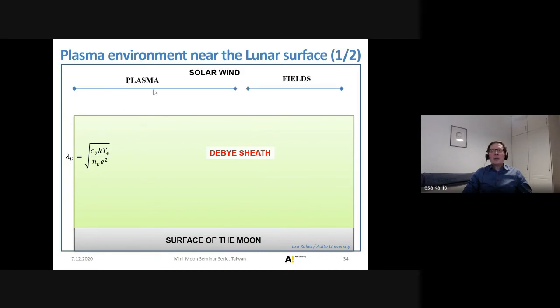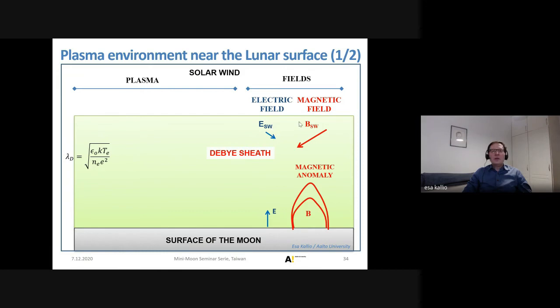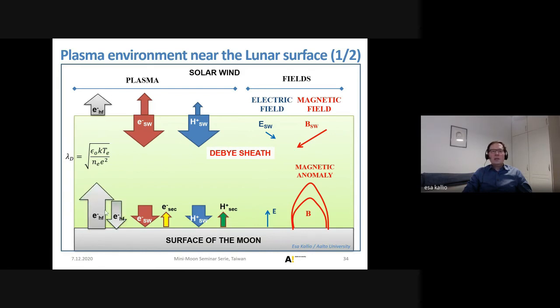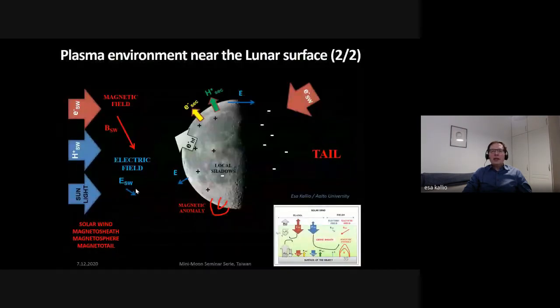Then you have plasma coming from the solar wind, and you also have to model fields: the electric field associated with the solar wind, the magnetic field, and the electric field inside the Debye sheath, maybe magnetic anomalies, precipitating solar wind protons, precipitating electrons, backscattered electrons, ions, maybe some atomic material, and also the sunlight that emits photoelectrons. Part of those are reflecting back. And you could also have dust particles. So investigating this region is also very challenging and complicated.